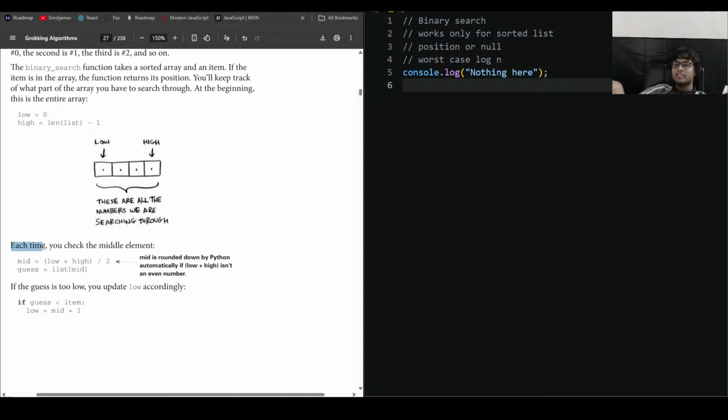Each time you check the middle element, so low plus high divided by 2. Mid is rounded down by Python automatically if low plus high is an odd number.